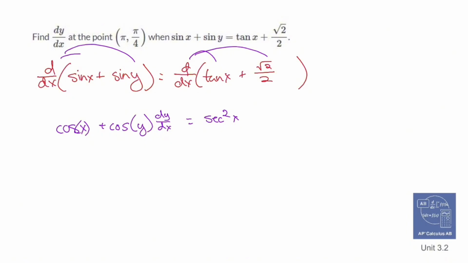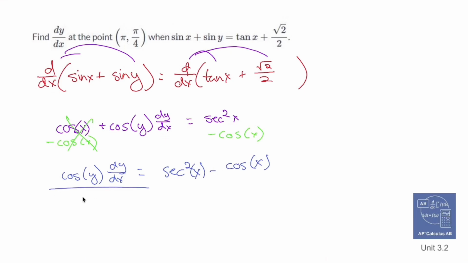Now what we do is get the dy/dx all by itself on the left. So let's subtract cos x from both sides. Cos y dy/dx is now equal to secant squared x minus cos x.